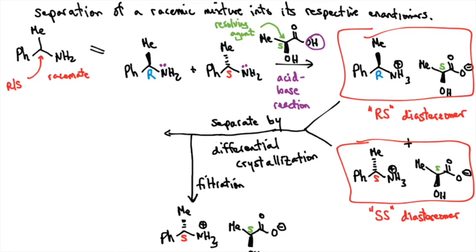And what we're left with is the other diastereomer, the RS, which will still be completely soluble.